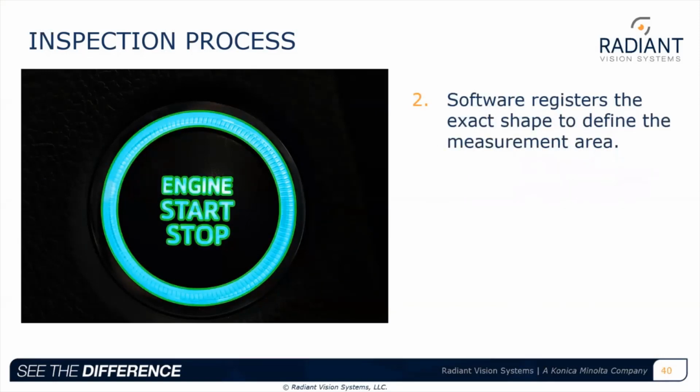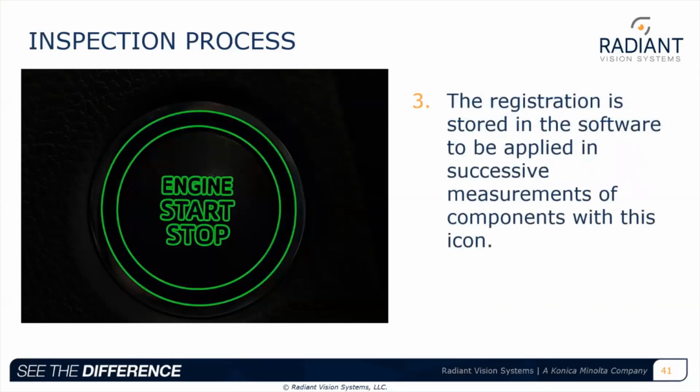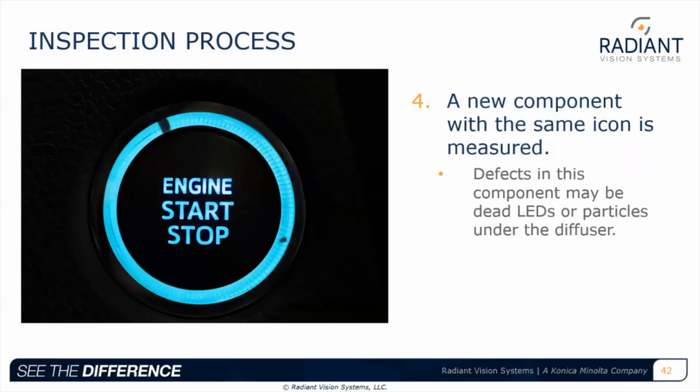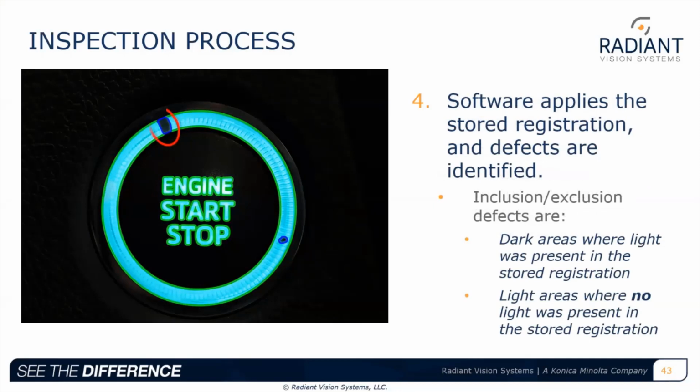The software will use thresholding to define the exact shape and contours of the golden sample. This model is stored in software so that later measurements can be properly aligned relative to the location of the golden sample. And then each new measurement is compared to the model. Then the software will, of course, inspect for defects relative to the stored registration.